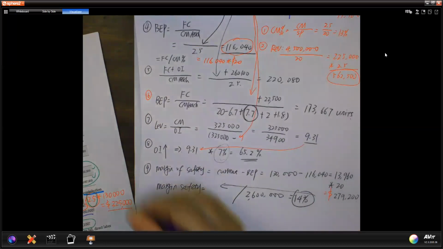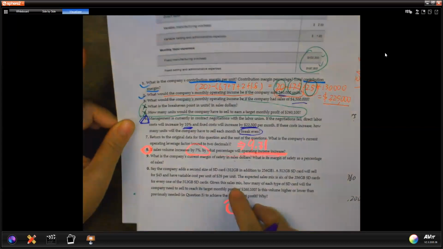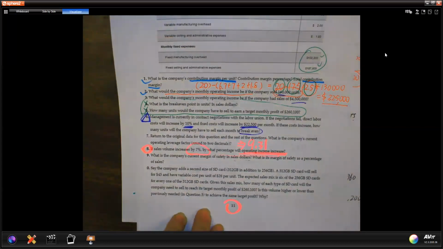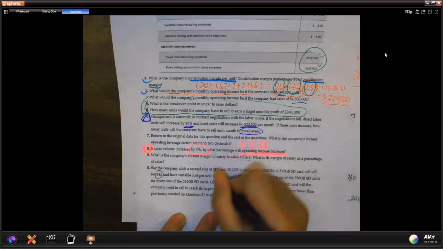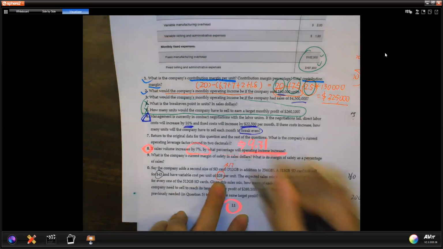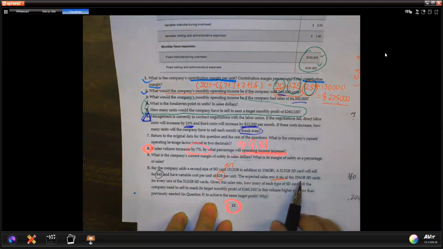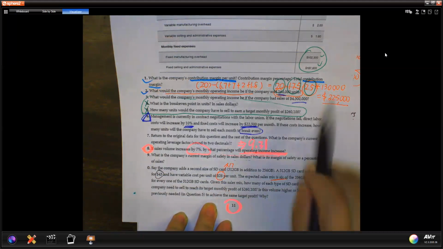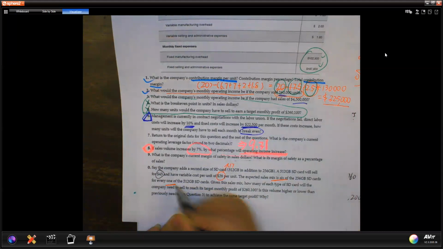Okay, next one, question 10. Question 10 is talking about if you have two products. You are selling this one for 45, and then you have this 28. So your contribution margin will be 17 for this product, right? Six of your original, and then every one of the second one.